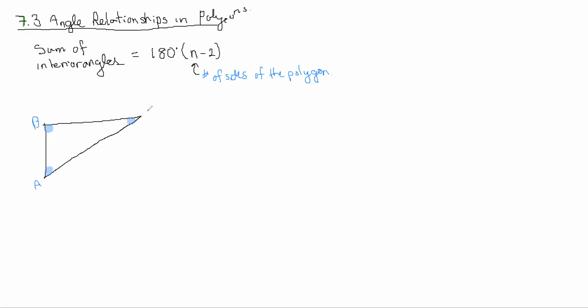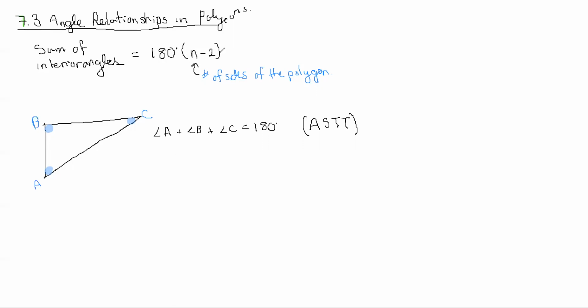This is angle A, angle B, and angle C. Angle A plus angle B plus angle C, no matter what those angles might be, are always going to equal 180 degrees. Because of what theorem? Angle sum triangle theorem. Good. And that's it.